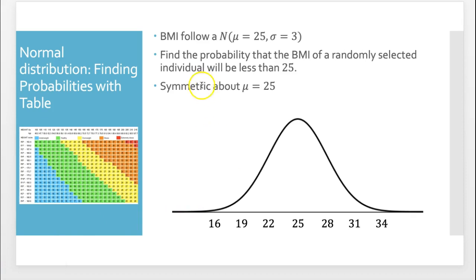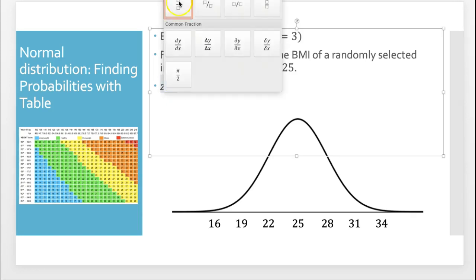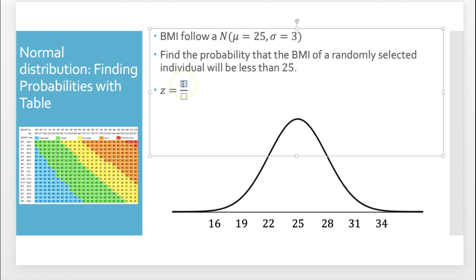Once again, in this example, during class we drew the picture. We drew a line here, shaded this region, and found that this region was 50%. But if I had to find a z-score here, my z-score is equal to 25 minus the mean, which is 25, divided by the standard deviation, which is 3.